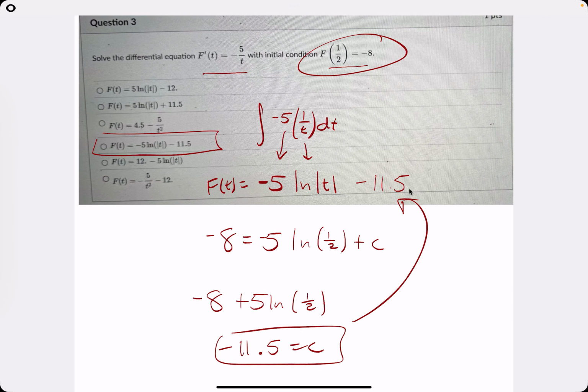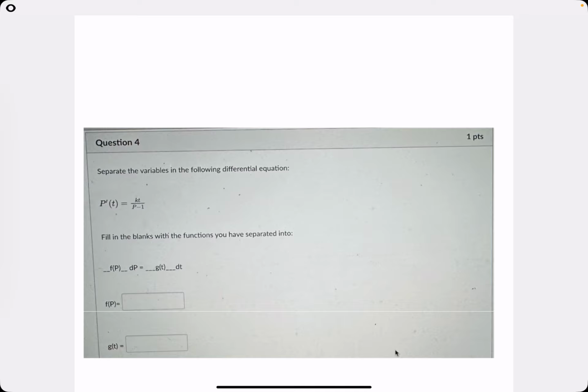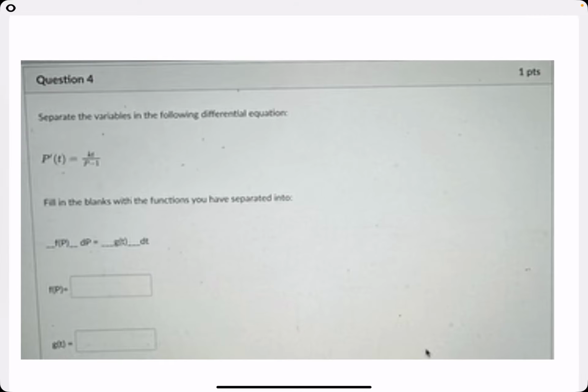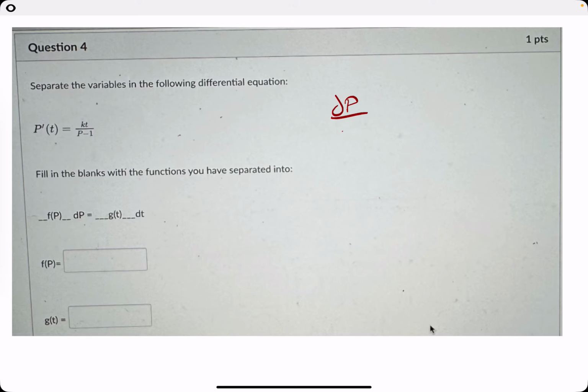Cool. All right, so antiderivative, make sure you add plus c, and then plug in the initial condition to solve for c. Number 4, separate the variables. So we have p prime of t, which is dp over dt equals kt over p minus 1. So we need the p's on the left side. So we're going to multiply by p minus 1.